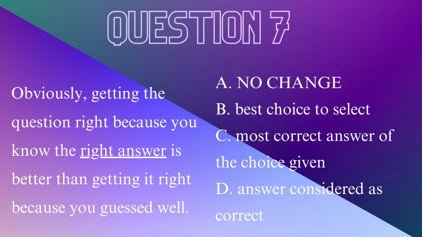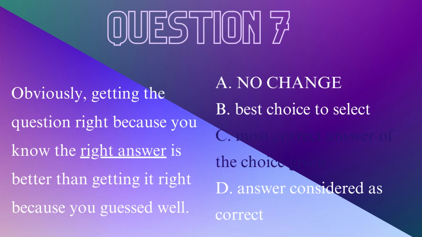Look at your answer choices. Best choice to select, most correct answer of the choice given, and answer considered as correct. Which one of these is probably the wordiest way to say this? Probably choice C. We can eliminate choice C. We can also eliminate choice D. Answer considered as correct.